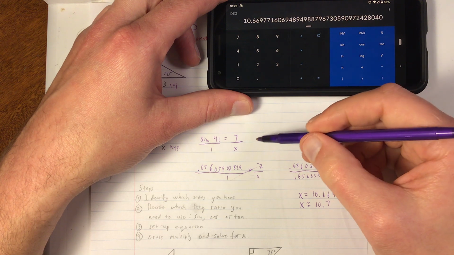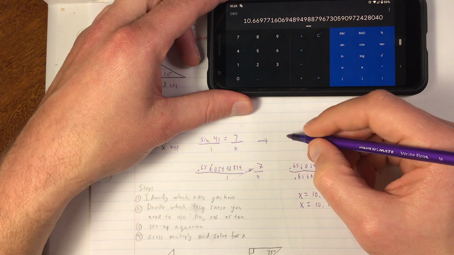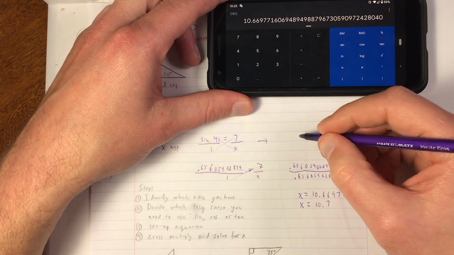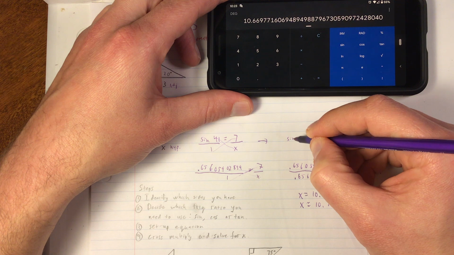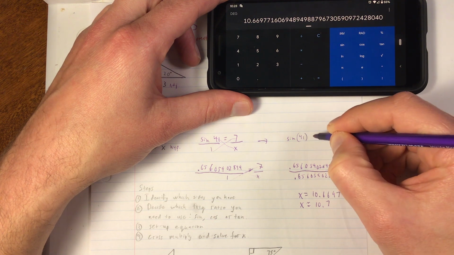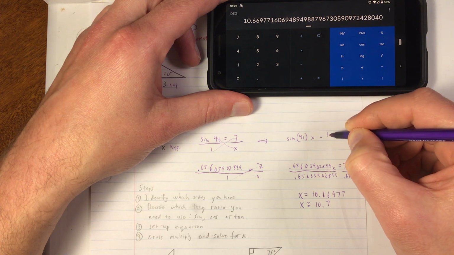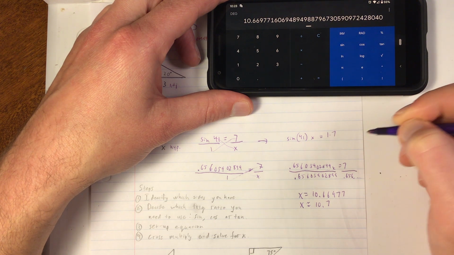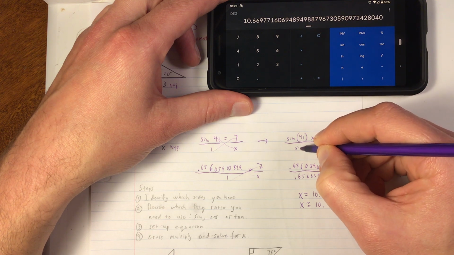Now another way I can do this. Same thing though. If I cross multiply, I would take x times the sine of 41 is equal to 1 times 7, which is just 7, of course. I'm going to divide by whatever the sine of 41 is.